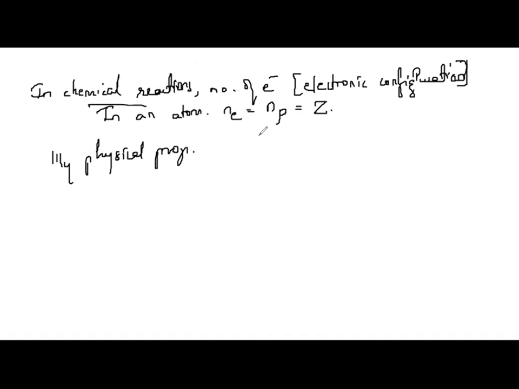Physical properties of the element are also dependent on the electronic configuration in an atom. Hence, physical and chemical properties of the elements are the functions of atomic numbers. So this is about the modern periodic law, which was proposed by Moseley.